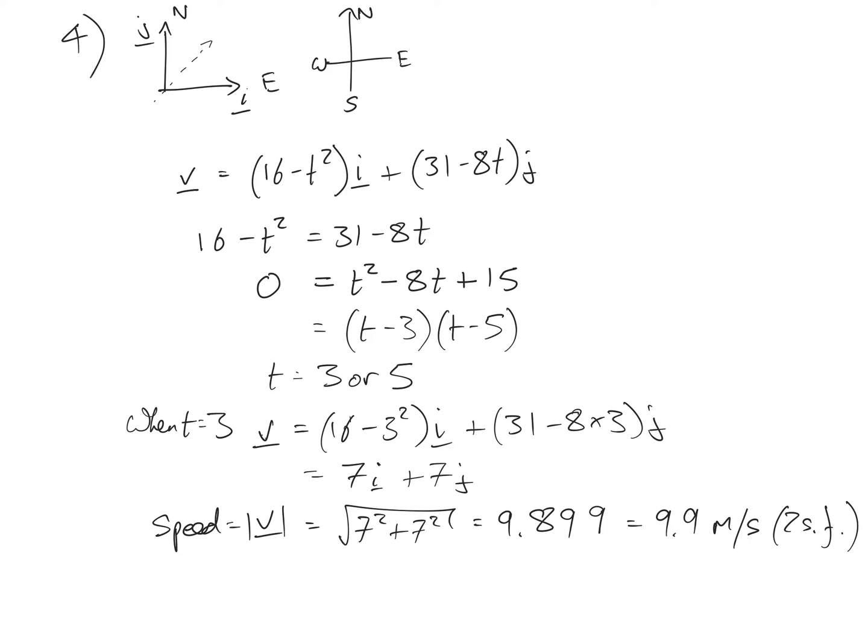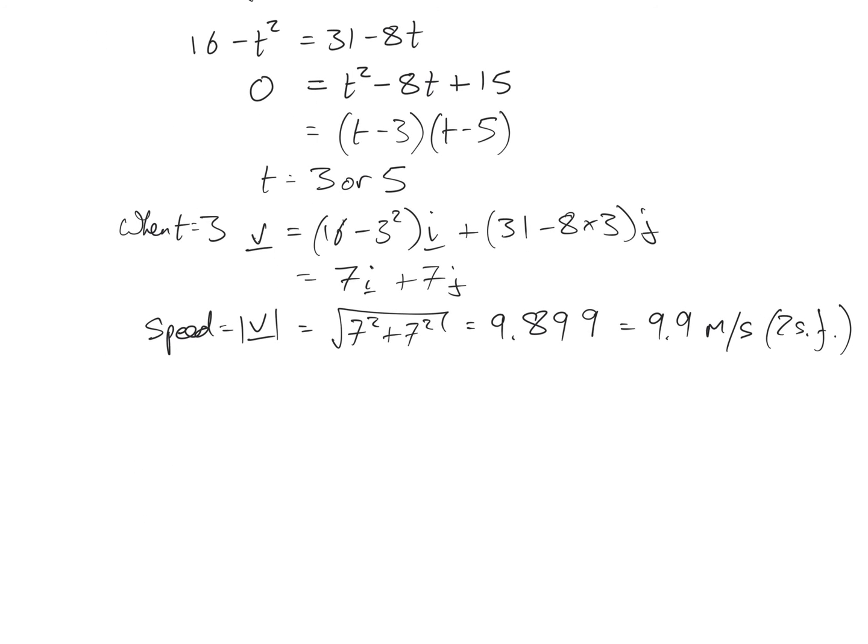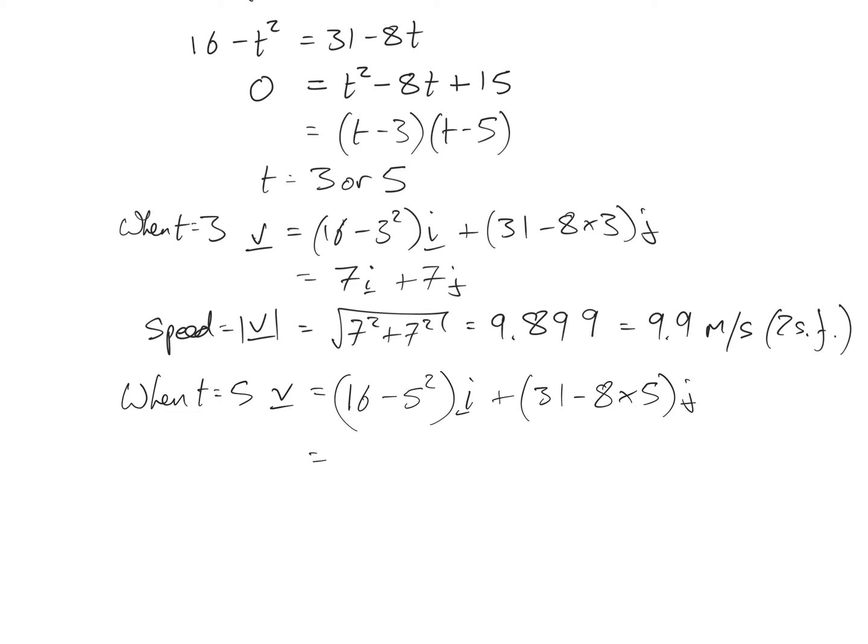Okay, so what about when t equals 5? v equals (16 minus 5 squared) i plus (31 minus 8 times 5) j, which equals 16 minus 25, which is minus 9, and 31 minus 40 is minus 9j.